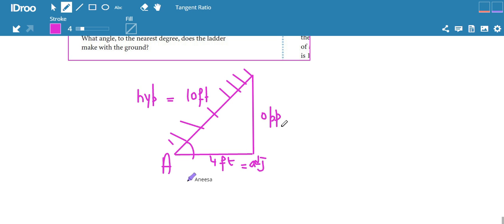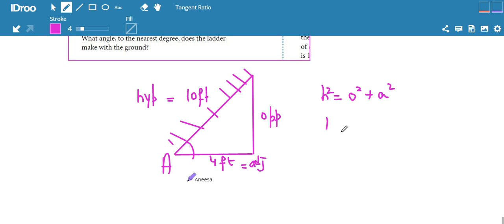But if you want to use the tangent, you can find this length using the Pythagoras theorem. Do you know how to use it? A squared plus B squared equals C squared. Yeah, hypotenuse squared equals opposite squared plus adjacent squared. This is the Pythagoras theorem.